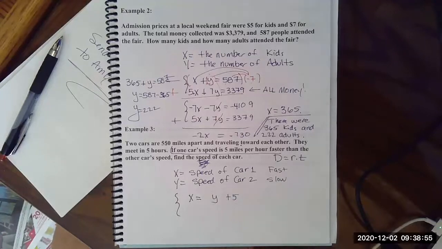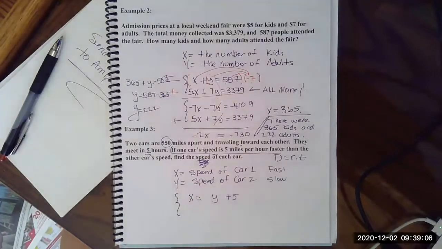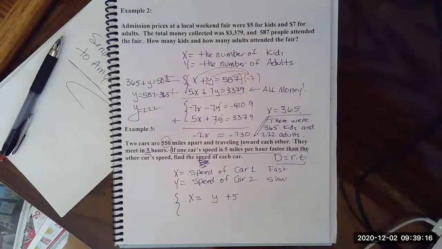So if I decide I'll use that, then I go up to the first equation and see what else I can do with maybe the 550. Okay, there's 5 hours, and knowing that distance equals rate times time. Oh, isn't the distance the same? Let's see, no, actually they're not.